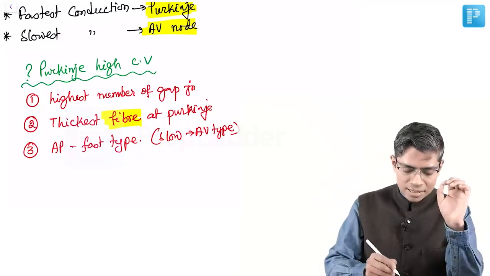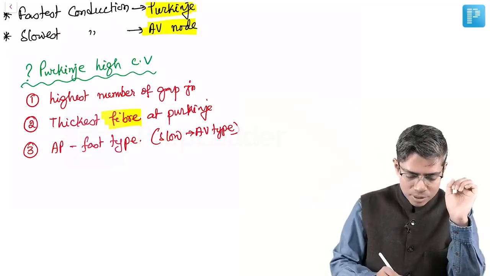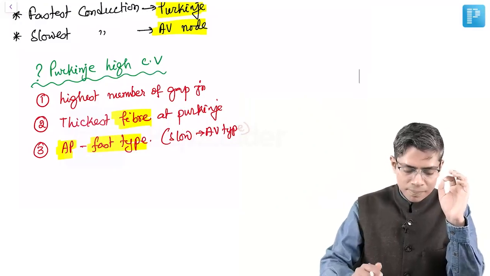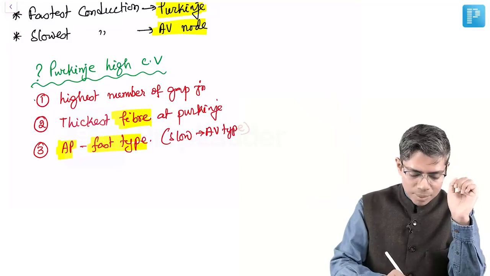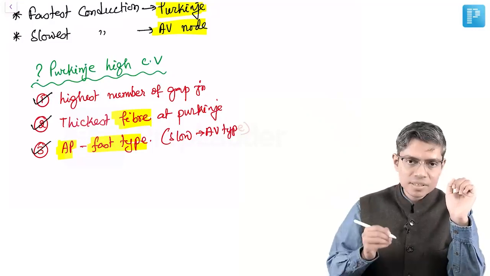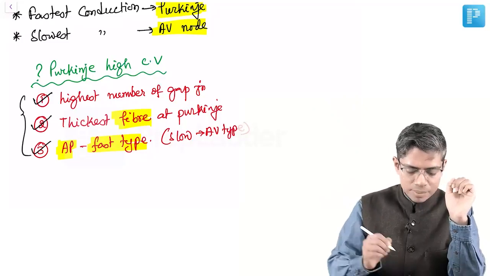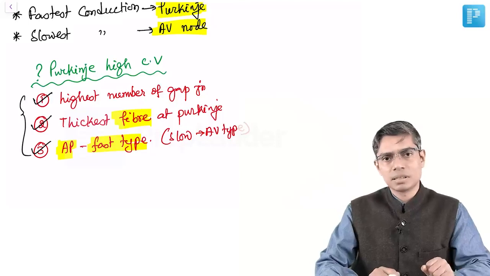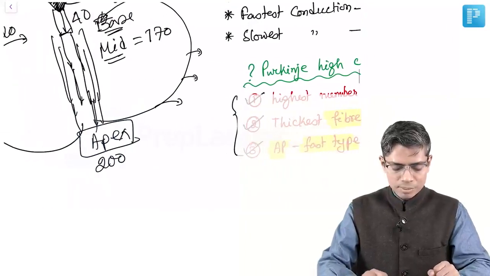So that's why this action potential, fast type and slow type, what is the meaning of this, you will understand in the next topic. But for the timing, you remember that because of the highest number of gap junction, because of the thickest diameter fiber, and because of the fast action potential, the Purkinje fiber conduction velocity is highest among all part of the conducting system of the heart, right? So this is all about conduction velocity.